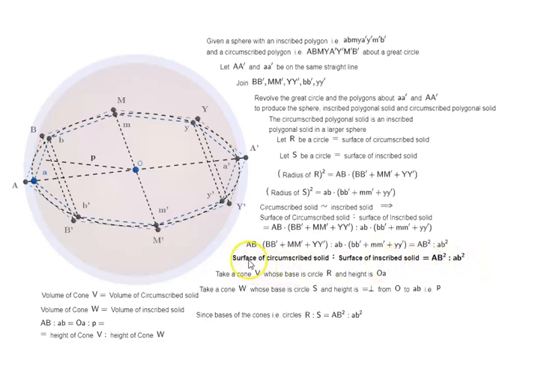But remember, circle R is equal to surface of circumscribed solid, and circle S is equal to surface of inscribed solid. So since these solids are in the ratio of AB square is to AB square, we can say the circles are in the ratio of AB square is to AB square.